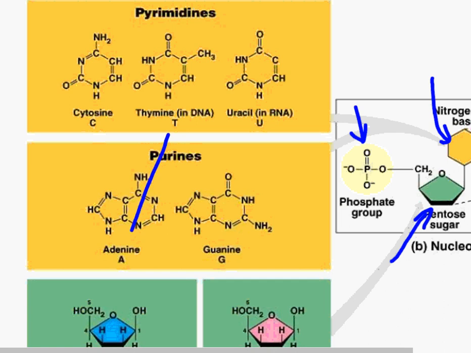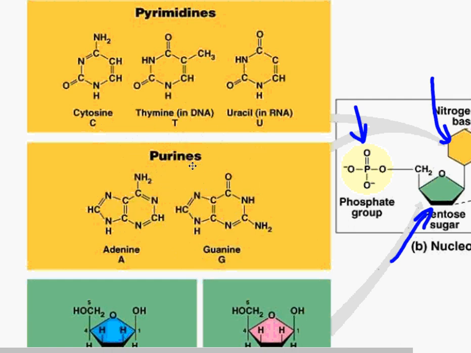T always joining with A, C always joining with G, of course in DNA, but in RNA that T is not there, so the A will then join with U.